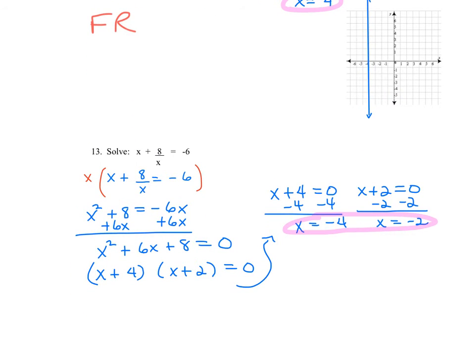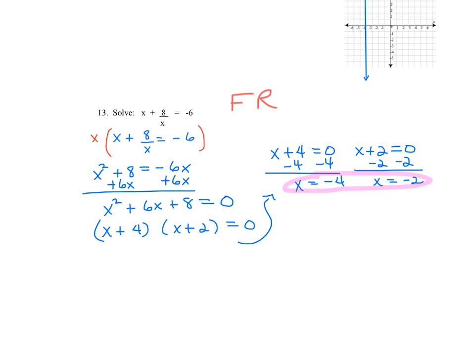This one is asking us to solve for x. This is also a free response question. So what I did here was I needed to find a common denominator. This had ones underneath, so my common denominator was x. I needed to eliminate the x out of the bottom of that one.